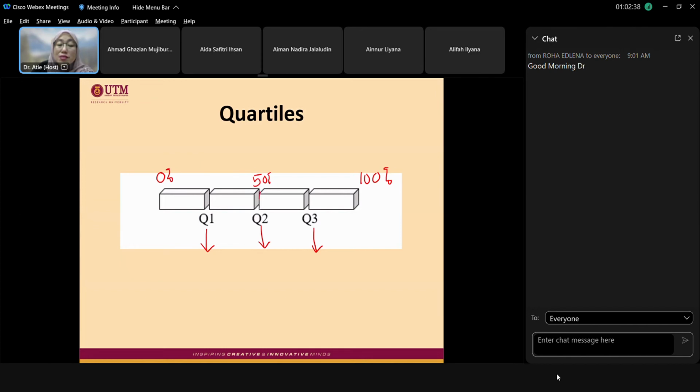Quartile 2 will be 50%, quartile 1 is 25%, and quartile 3 is 75%. We can also call quartile 2 the median, because it is always at the center that divides left and right equally. So that one is quartiles.